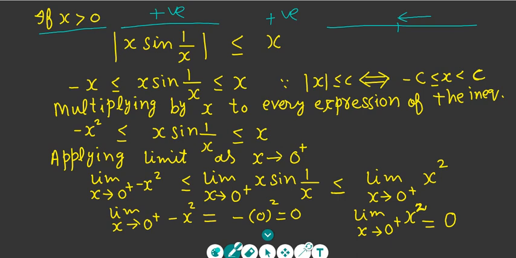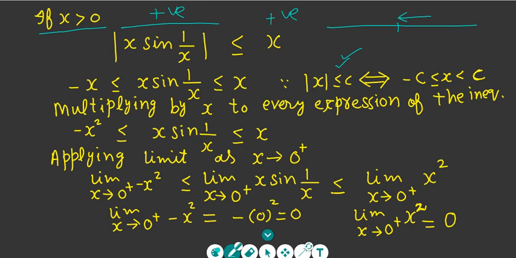So the relationship between absolute value of x into sine of 1 upon x is always less than or equal to x. We can also write this as a simultaneous inequality: minus x less than or equal to x into sine of 1 upon x less than or equal to x.